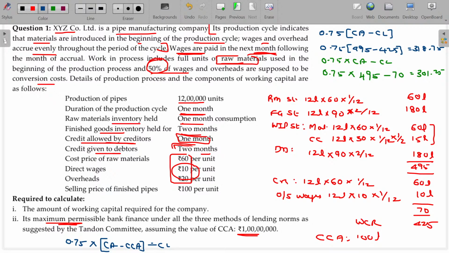From there, you can subtract the current liabilities other than bank overdraft. 0.75 into current assets, in this case being 495, minus core current assets being 100 lakhs, minus current liabilities being 70 lakhs. The value being 226.25. Clear?